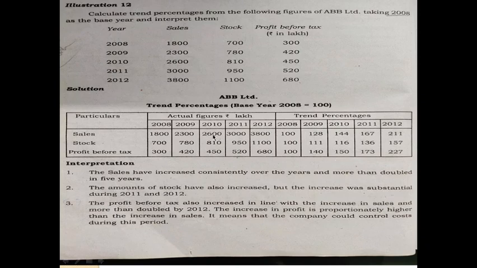Similarly, you have to do the same in each of these cases, and you need to identify the percentage change in each item and make an interpretation like this. I am not suggesting that you learn it by heart. You just go through it. Whatever is written, you can write. I think you may write a better interpretation than the one noted here.